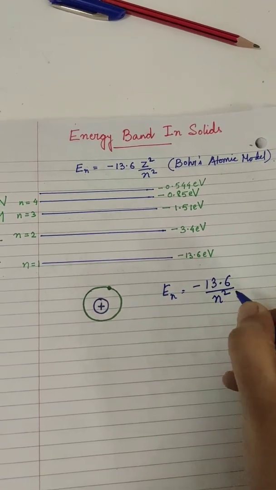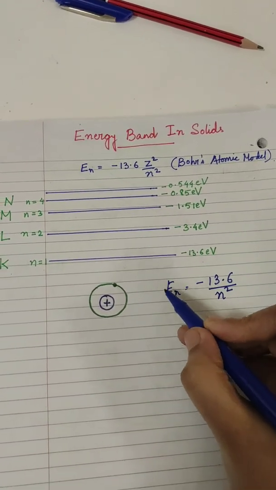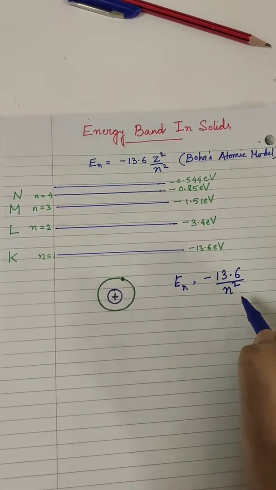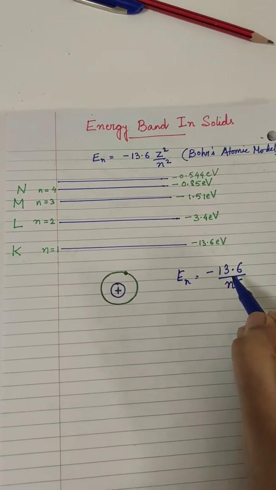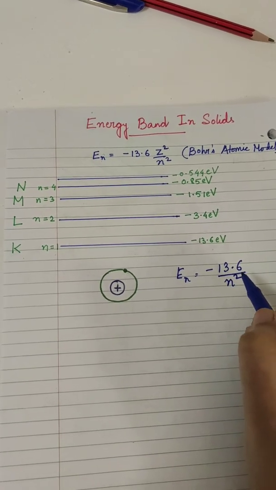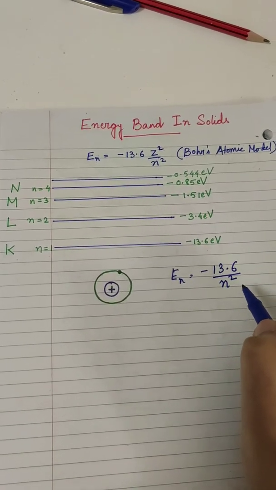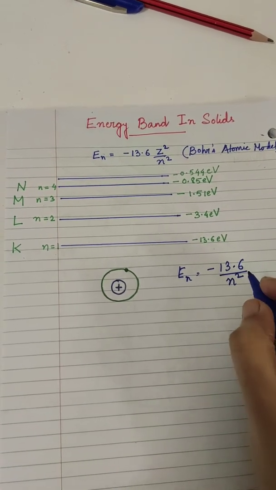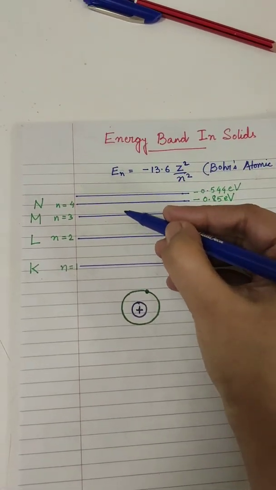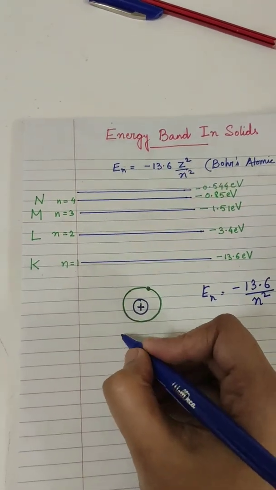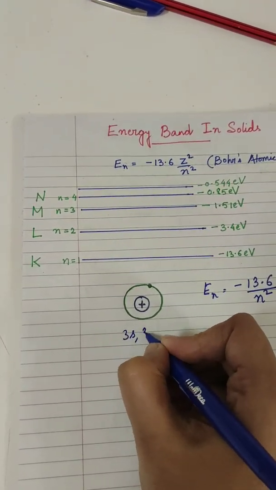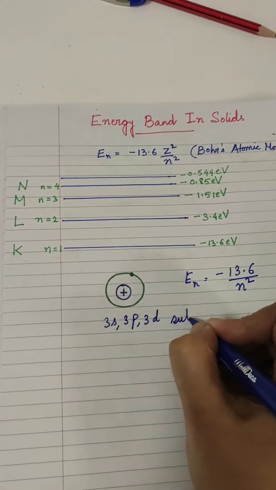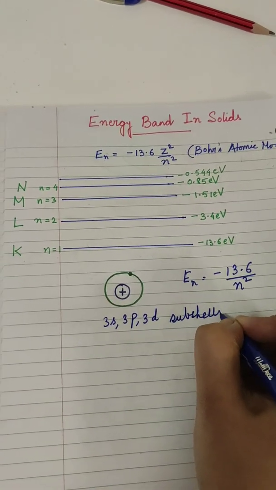So if we take the third shell, the M shell, it consists of 3s, 3p, 3d subshells, and all have the same energy.